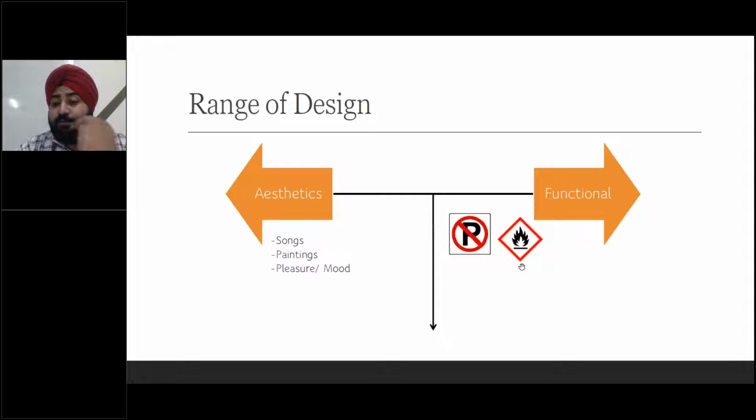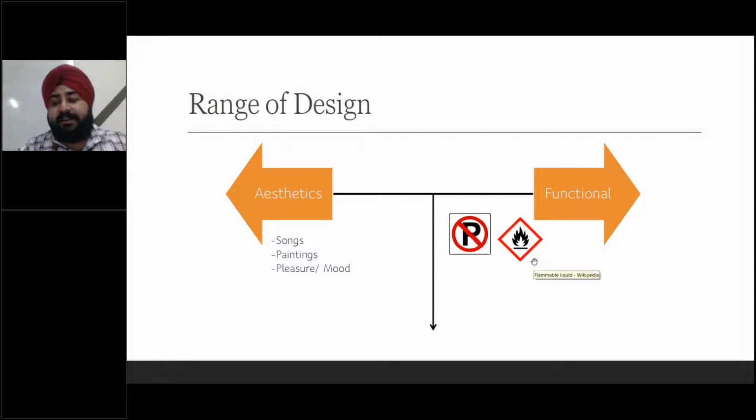Moreover, the second one, the fire symbol, you can find on any deodorant spray or can, and it means it is inflammable. It catches fire soon. So this small symbol carries a big message. This is functional design.